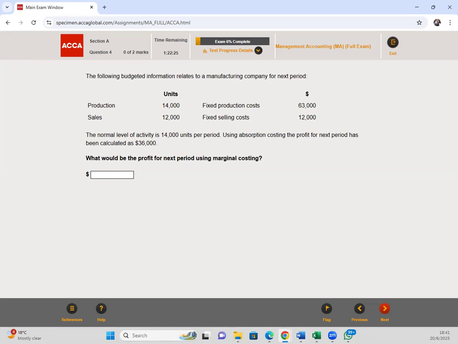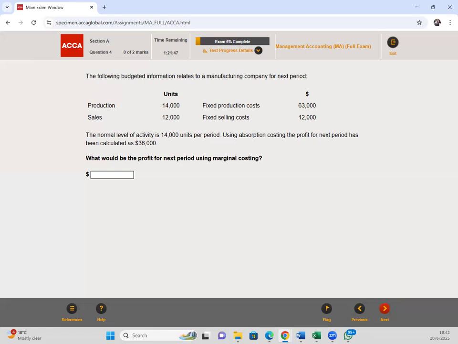But we produced 14,000 units and we sold 12,000, so you remain with a closing stock of 2,000. So if the closing stock is higher than the opening, absorption costing reports a higher profit. It means the 36,000 is higher.